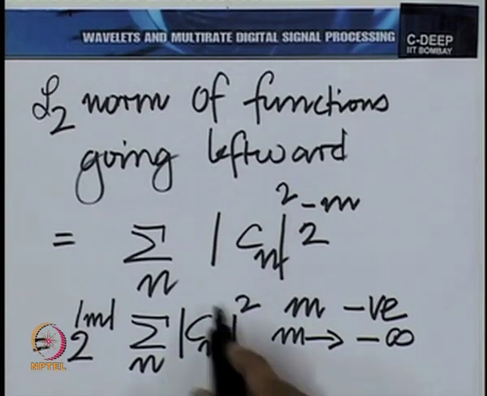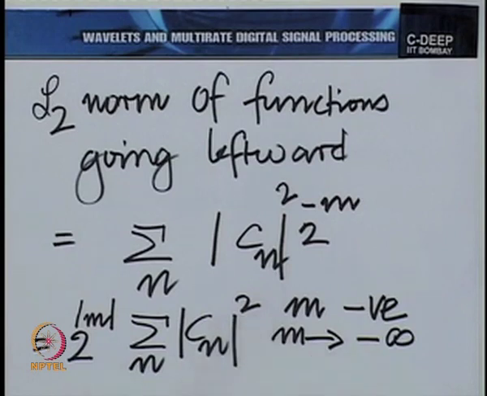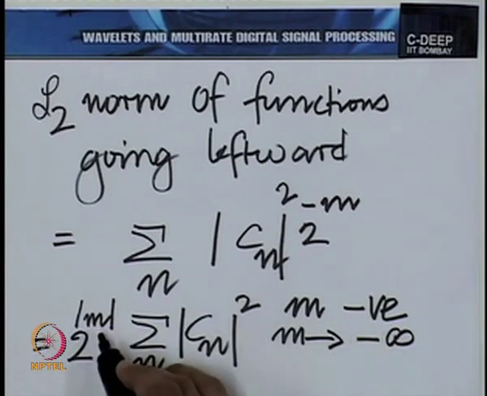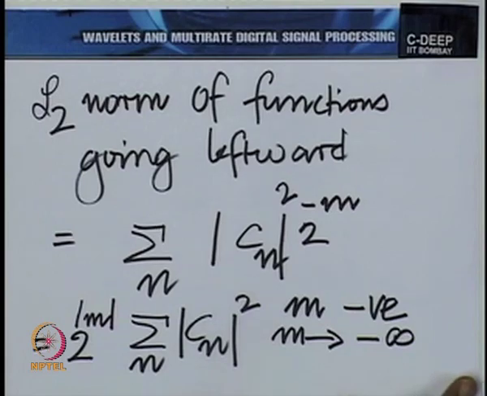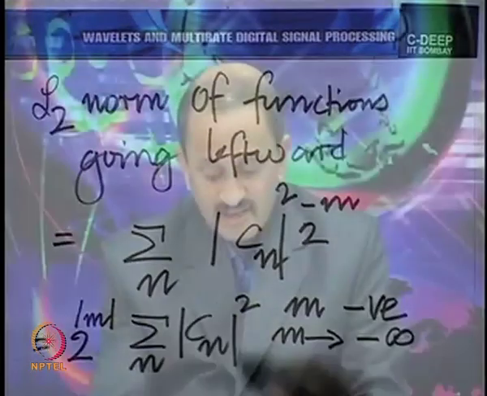So, the only way in which this can converge, no matter how large in magnitude m is, is if this is 0, a very important conclusion.